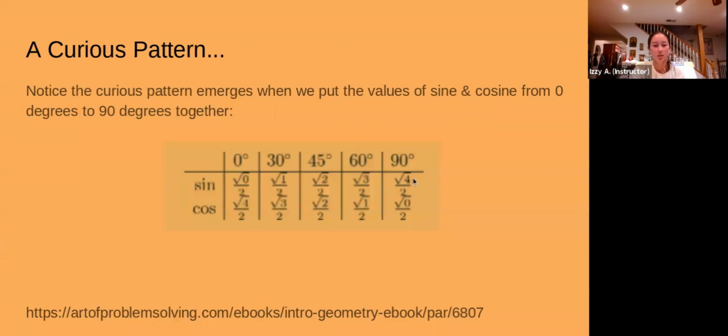You can see the relationship that these 2 trigonometric values hold. They're backwards, I would say, or inverse of each other in a certain aspect, because as one is increasing, the other is decreasing, and as one is decreasing, the other is increasing.